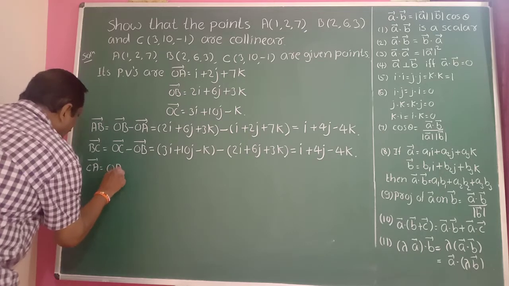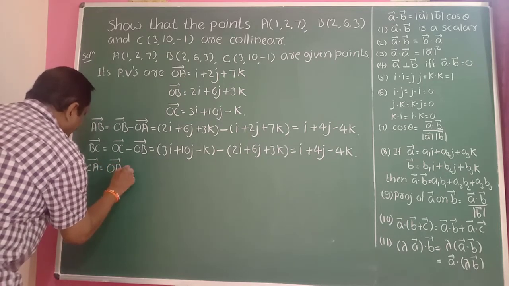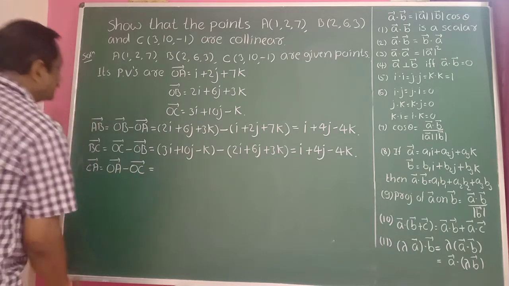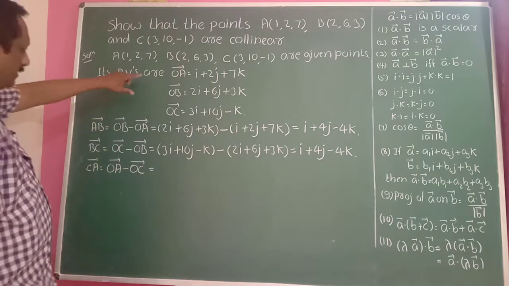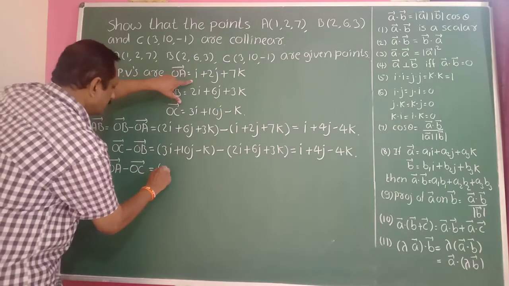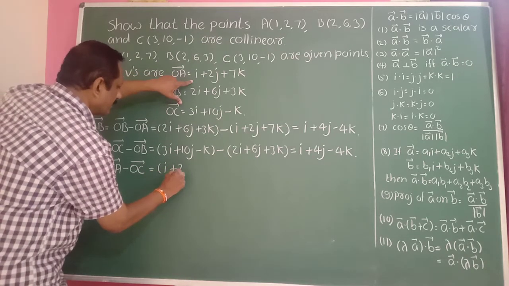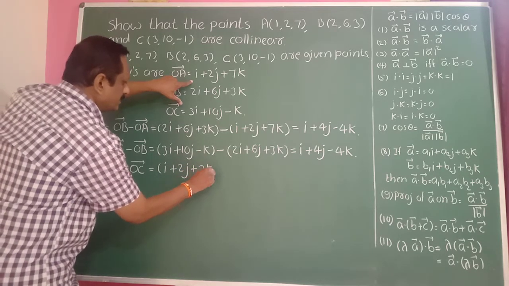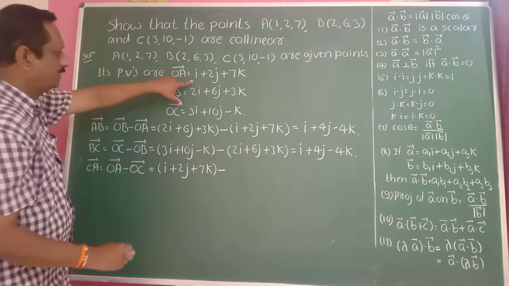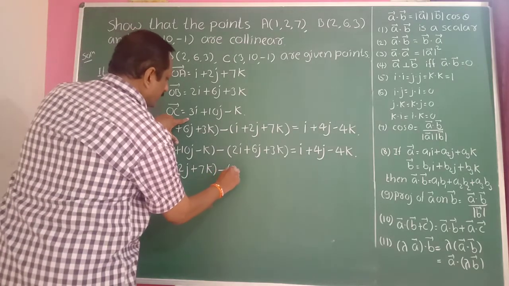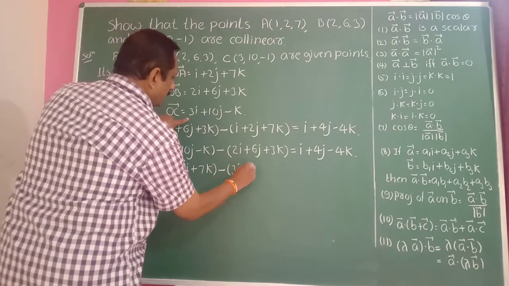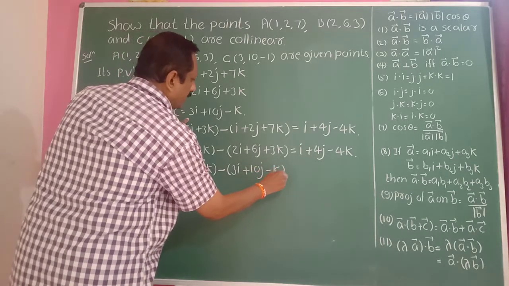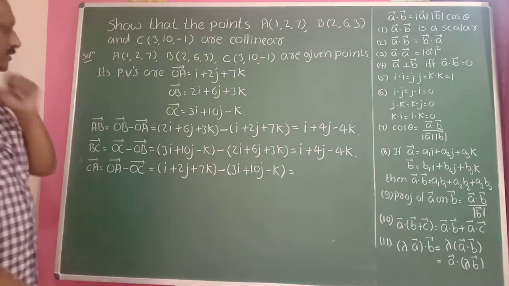Next, to find the vector CA, first write the position vector of the point A minus the position vector of the point C. The vector OA is i plus 2j plus 7k, minus the vector OC, which is 3i plus 10j minus k.